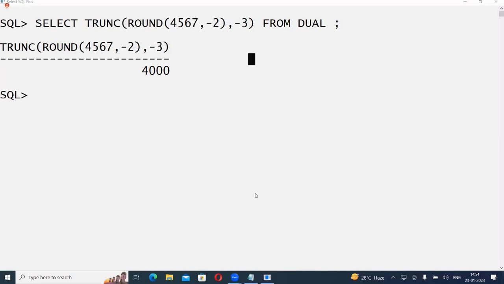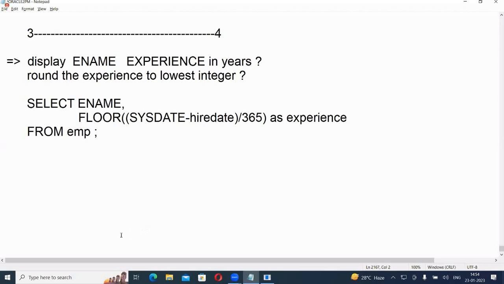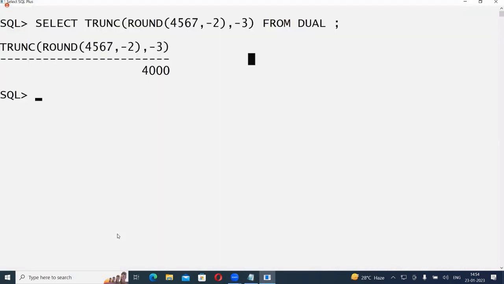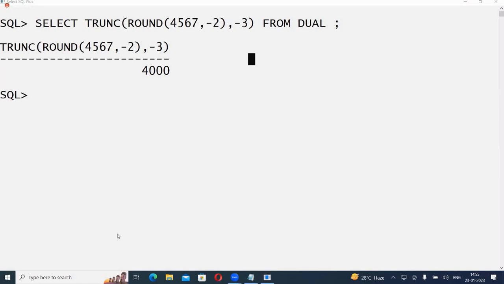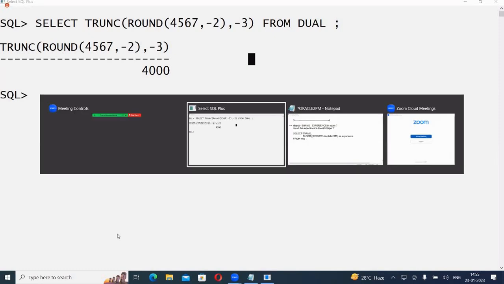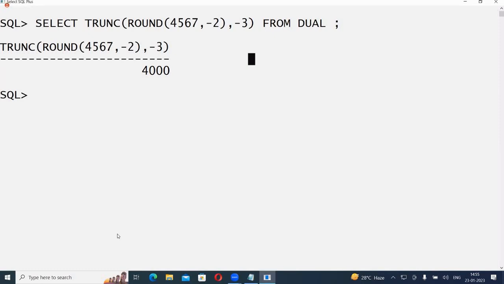Okay, next. So that's all. This is numeric functions, number functions, the functions applied on numbers. ABS returns the absolute value.